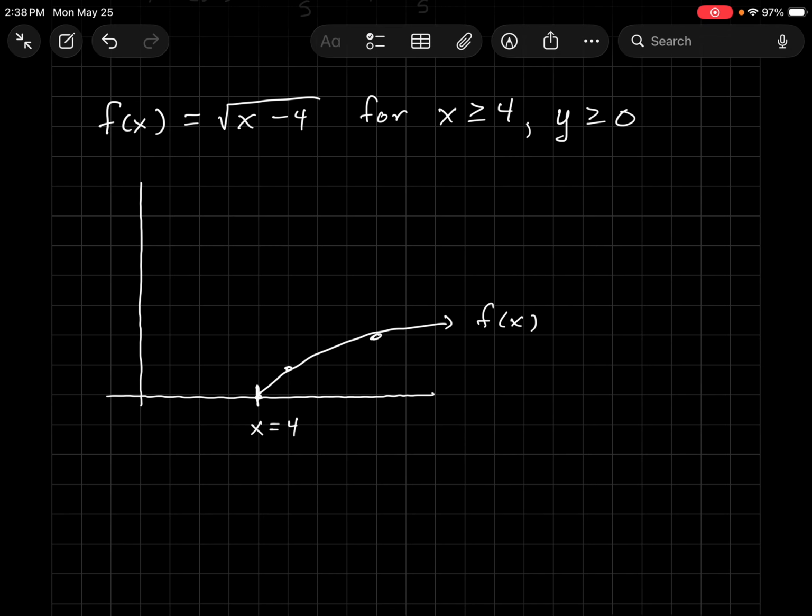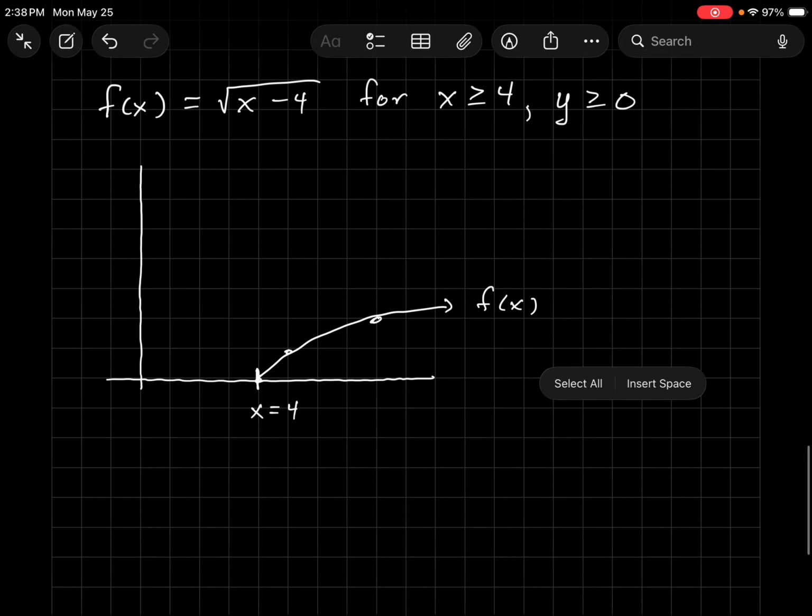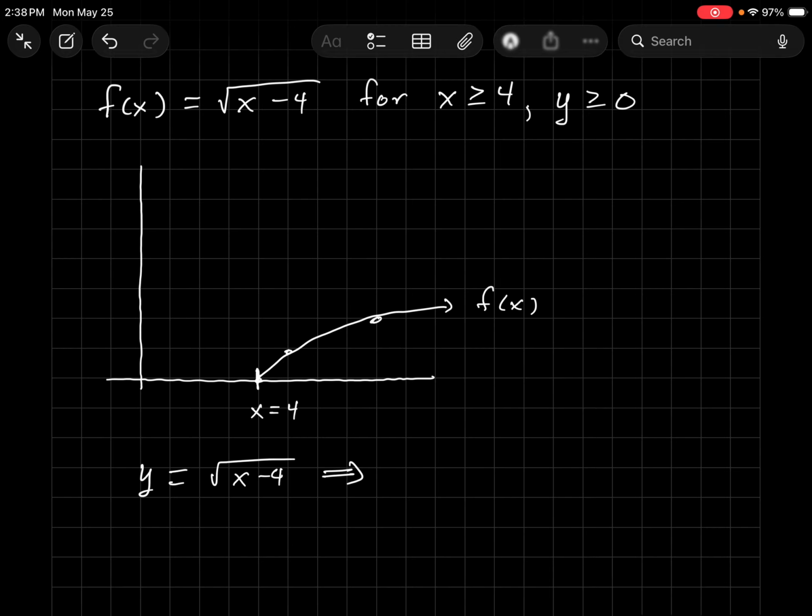Let's find the inverse of this. We're going to start by rewriting, so y equals the square root of x minus 4. And then we will switch our x's and our y's, giving us x equals the square root of y minus 4. We want to solve for y now.